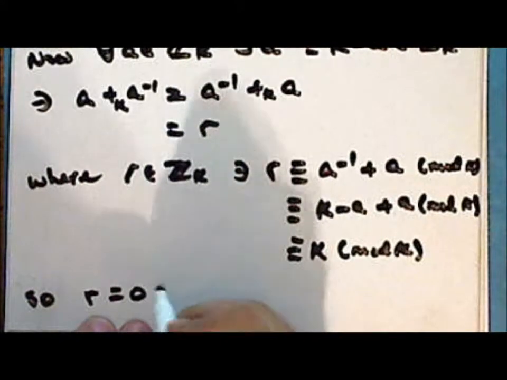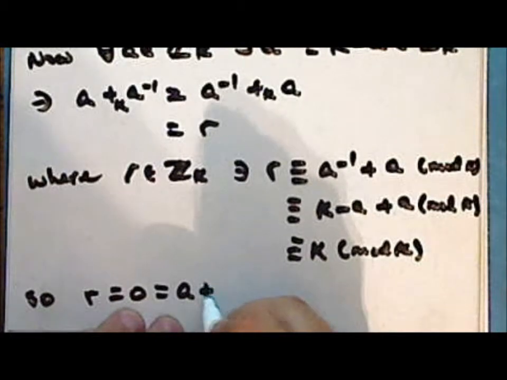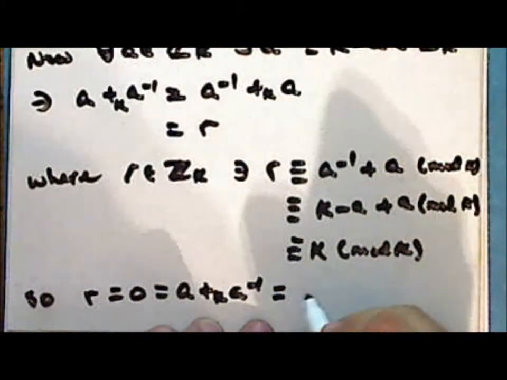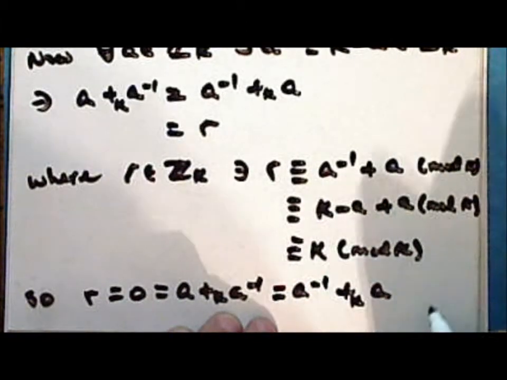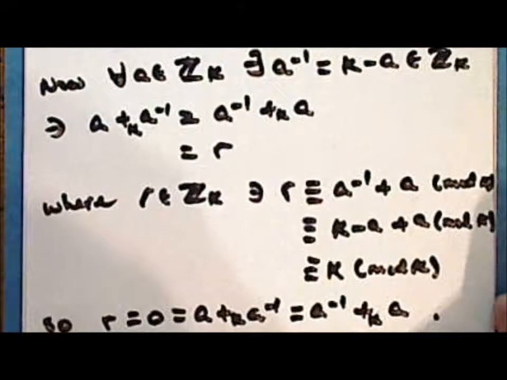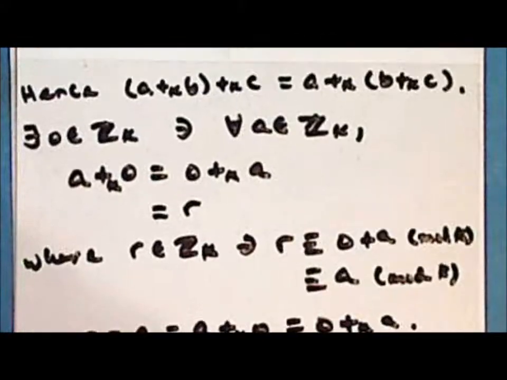And so we have that r is 0, which is the identity, and this is the sum of the element a with its inverse, modulo k, or also the sum of the inverse with the element a, modulo k. And so every element in the set of integers modulo k has an inverse under addition modulo k, also in the set.